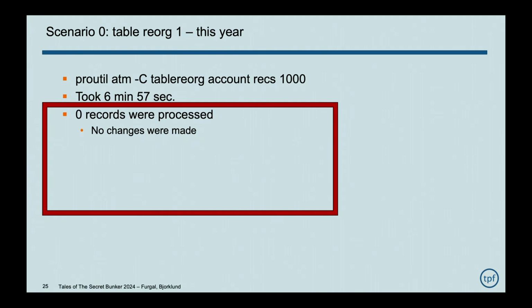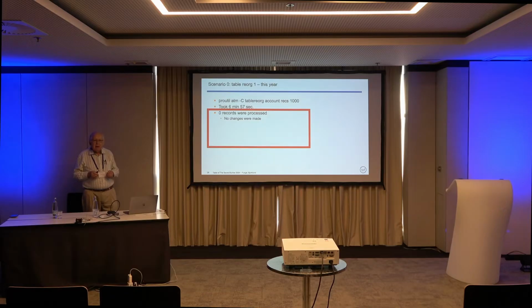So now, this year, when I built that database, I used a single load process, and it actually ended up being properly ordered. So the index order and the row ID order matched. So when you run table reorg on it now, you get this result. And also an enhancement that was made sometime during 12.